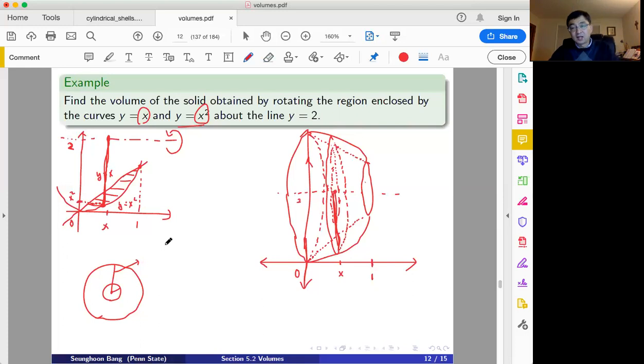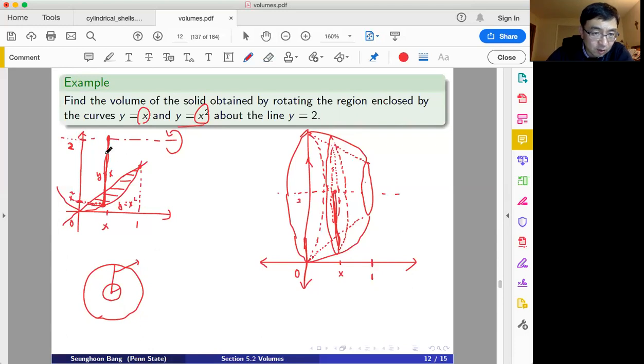Do you have any idea? This one, from here to here? What's that? Exactly, 2 minus x squared.